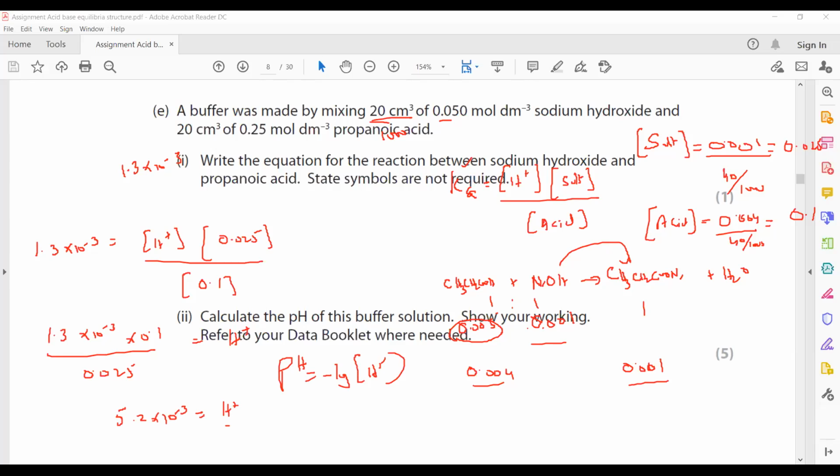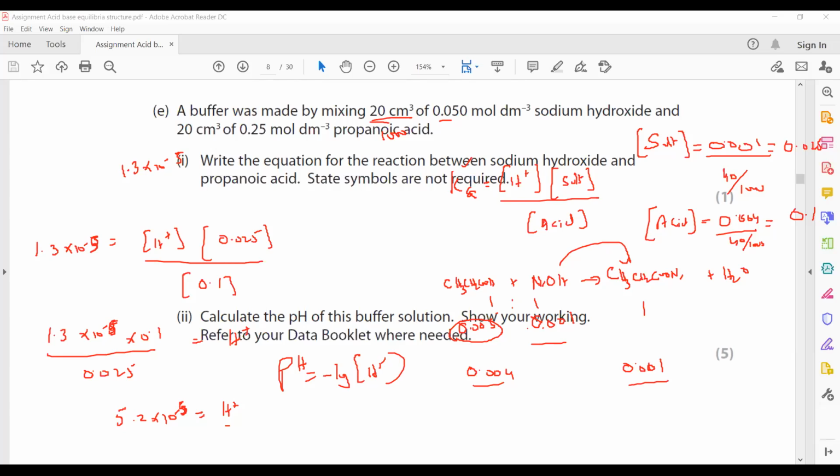Can you check the hydrogen ion value again? It is 1.3 exponent minus 5, not minus 3, minus 5 actually. So it will be 5.2 exponent minus 5. I wrote minus 3, look. So what's the pH now?